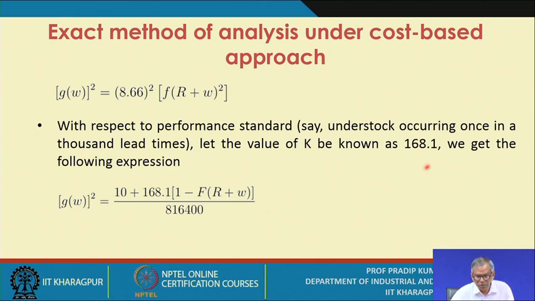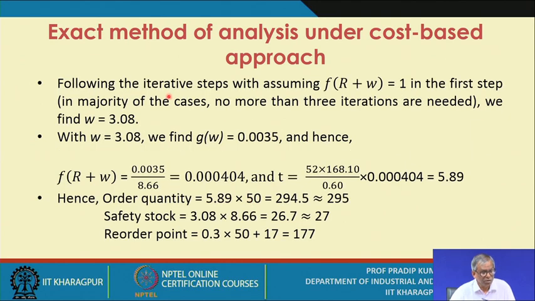So let the value of K be known as 168.1. Is it okay? We get the following expressions. Actually we get the value of G(W) square in terms of 1 minus F(R plus W), the cumulative distribution function. So following the iterative steps, assuming F(R plus W) equals 1 to start, because we have to use iterative methods.